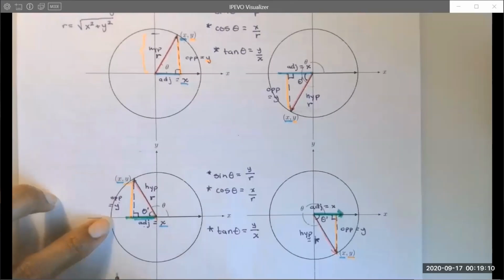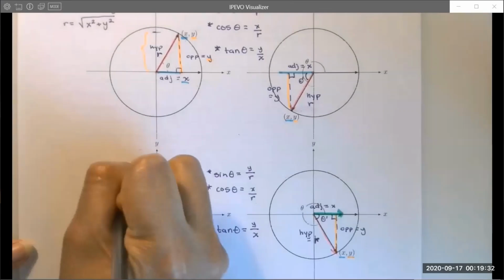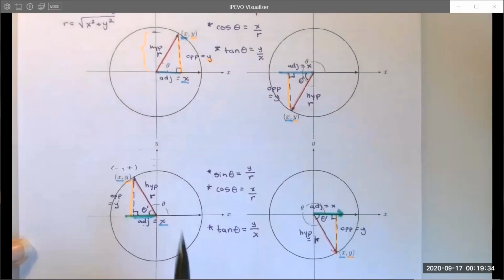Right? Which one's negative in quadrant 2? Would it be the y? Well, the y is actually going up to the positive, right? So the x is negative and the y is positive, right? Because the negative goes to the left of the zero mark. So to the left is considered to be negative.